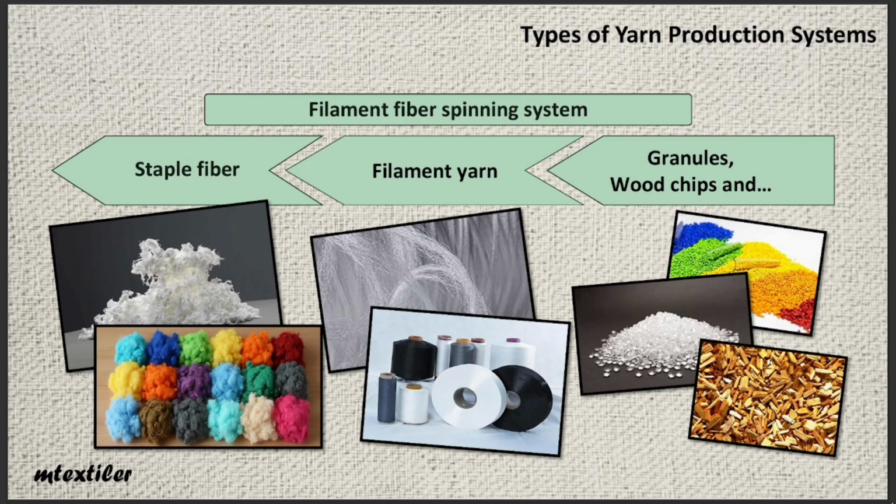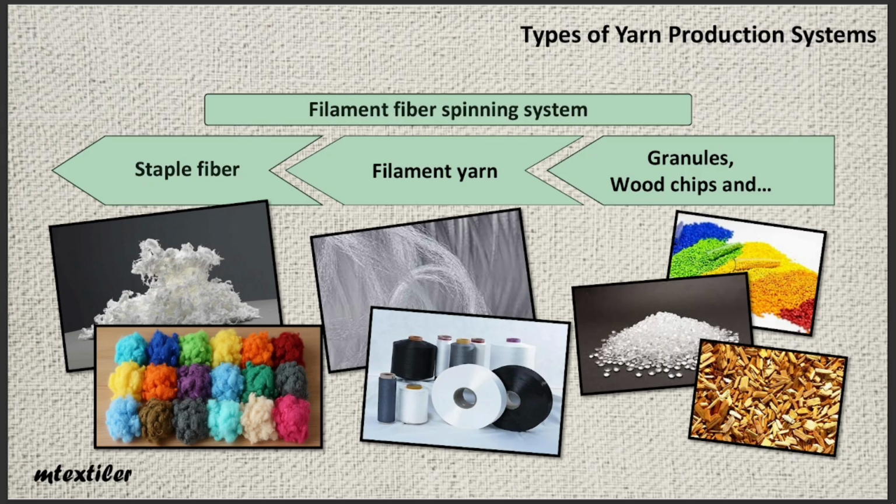While some polymers have such high melting points that this conversion becomes uneconomical, others, like wood chips, will degrade upon exposure to heat. When such raw materials are introduced into their specific systems, the machine structure delivers interconnected filament fibers that can be in the form of continuous filaments. If multiple long filaments are arranged together, we obtain yarn.